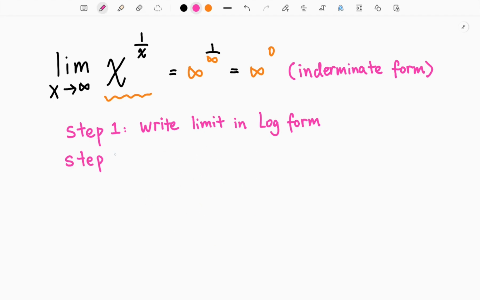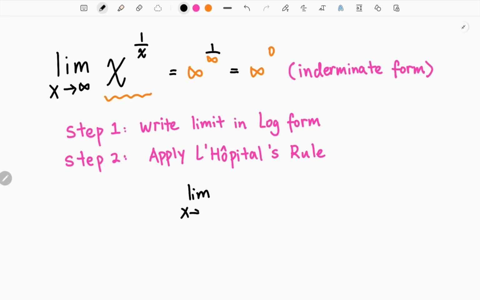So for step 2, we need to apply L'Hopital's rule. Now we're calculating the limit as x goes to infinity of ln of x over x.